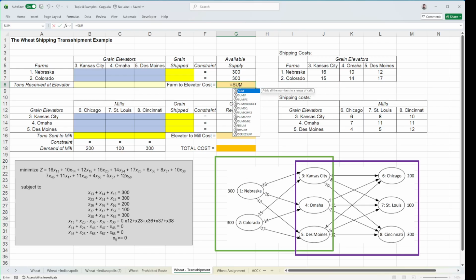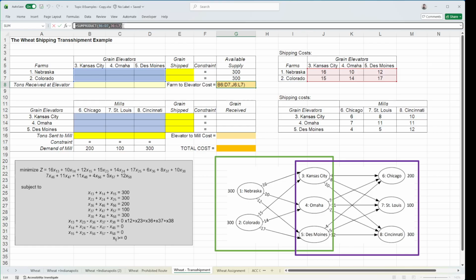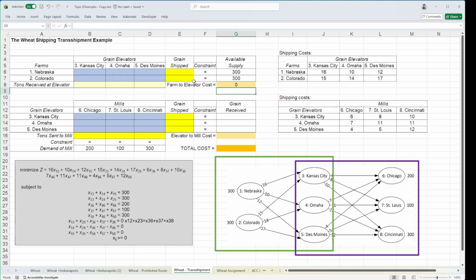It would just be a sum product of the variables and the unit shipping cost, which is stored in the separate table from column I to column L. It's 0 now because we have empty blue cells, and empty cells will automatically be regarded as 0 by Excel. So the value that we get by evaluating this formula is going to be 0.